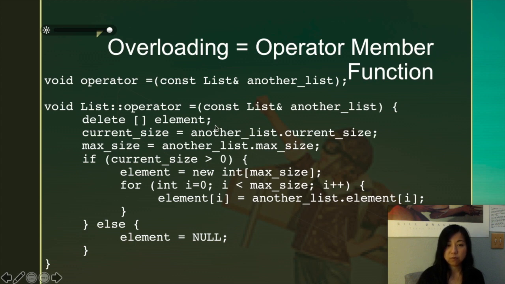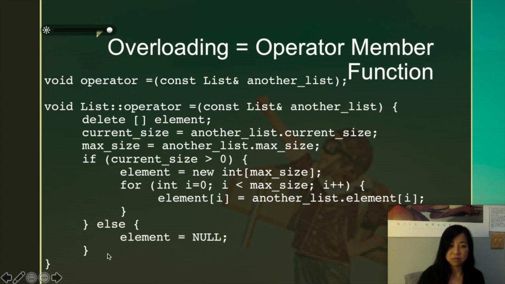what we would do is, first of all, we will make sure that the element, because it could be that we have done something to the current object, we need to release the memory allocated first before we copy in something different, right? So we would do a delete statement first, and then we will copy just like we were doing in the copy constructor.